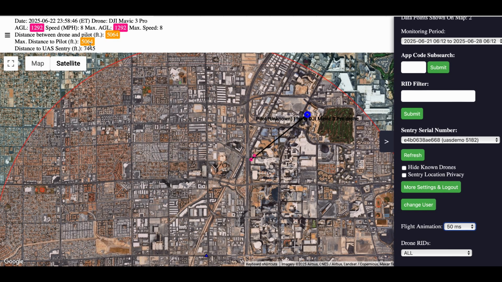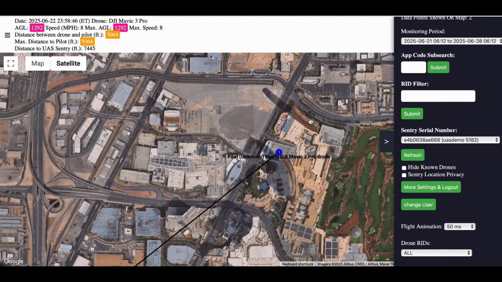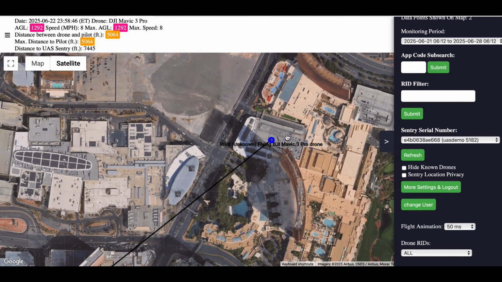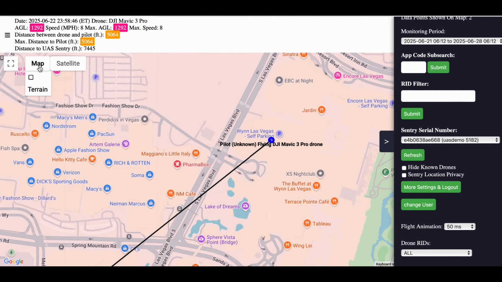In the top left, you'll see data about the highest the drone got and the furthest it got away from the pilot. So there's the pilot in the parking lot of the Wynn. Let's bring up the map. Yep, sure enough, parking lot of the Wynn.